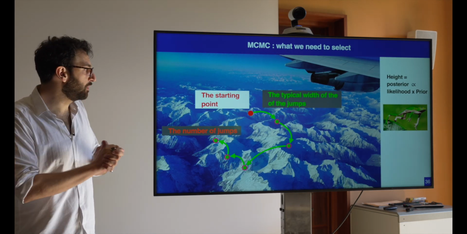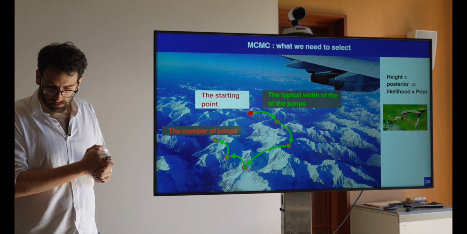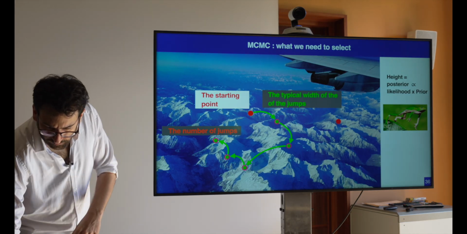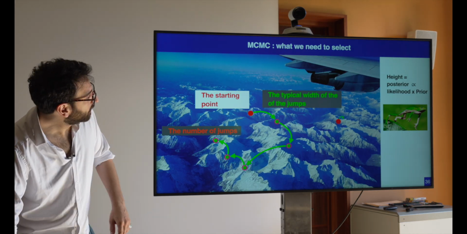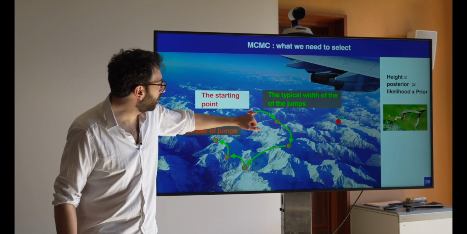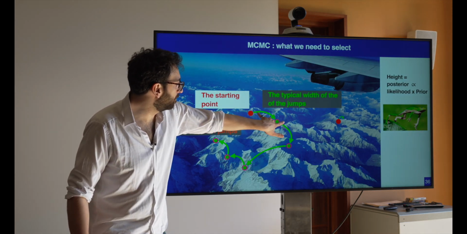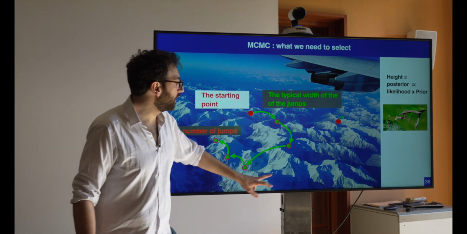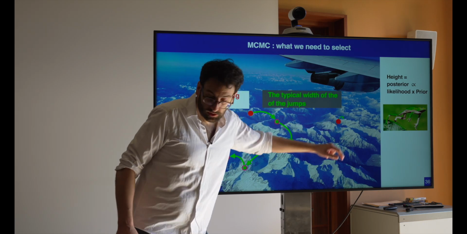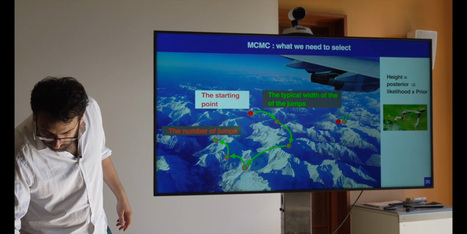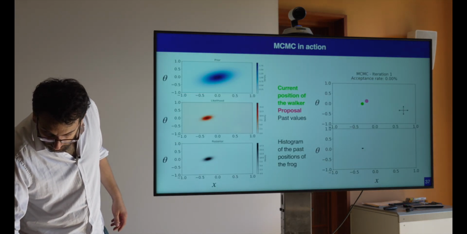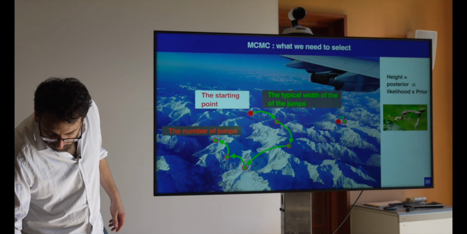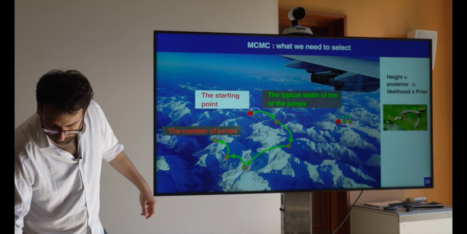So for example, this is one particular choice. The jumps are this big, but I could have this starting point with jumps which are much smaller, and a different number of iterations altogether.